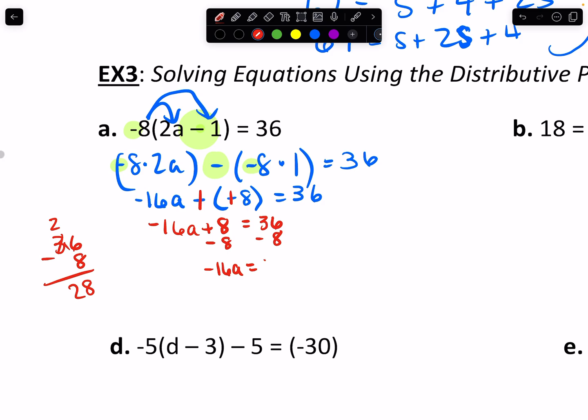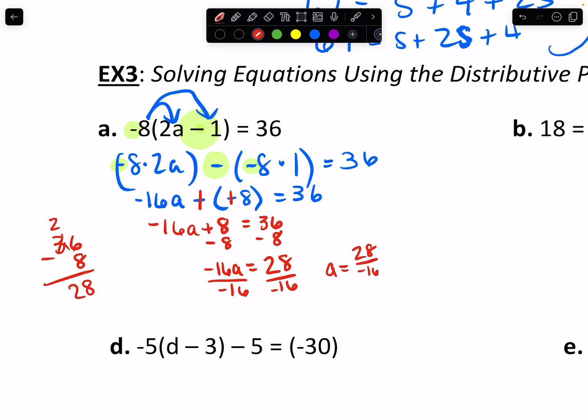So 28. Still doesn't come out pretty. But I think at this point, I'm going to have to accept it. So this means -16 times a. So I'm going to divide both sides by -16. A equals 28 over -16.